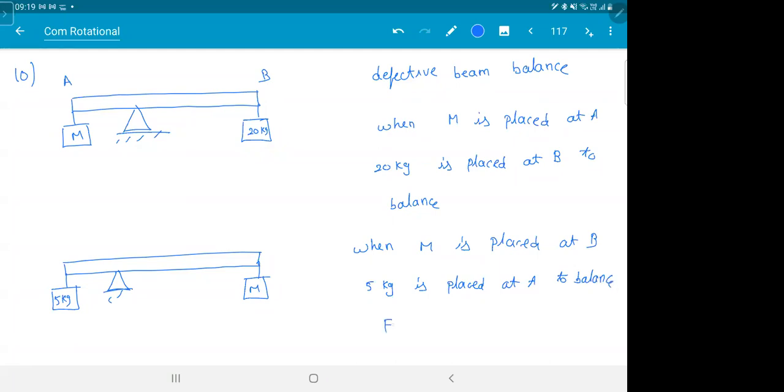So the question is find the value of M. When you kept the weight on one side, you got 20. When you kept it on the other side, you get 5 kg for the balance to be horizontal. So even if you have a defective beam balance, you can still find the actual value using this method.